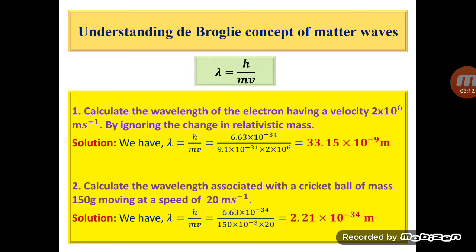It is one of the beautiful relations in physics because it connects the wave parameter such as the wavelength with the particle parameter such as the momentum. Therefore, the concept is significant for a microscopic particle like electron and not for a macroscopic particle like cricket ball.